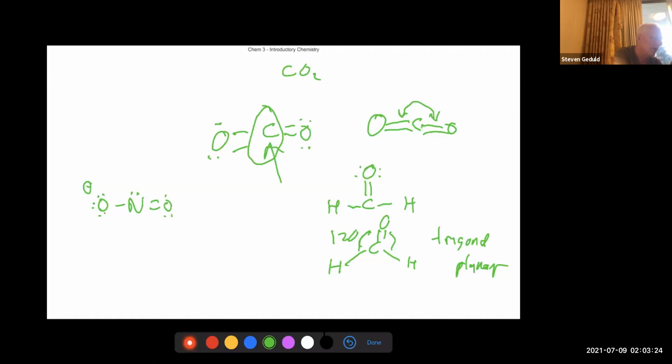Now we have electron pairs on the central atom. So you've got 3 negative charges. You've got a negative charge here. You got a negative charge in that bond. You got a negative charge in that bond. So you have 3 negative charges.